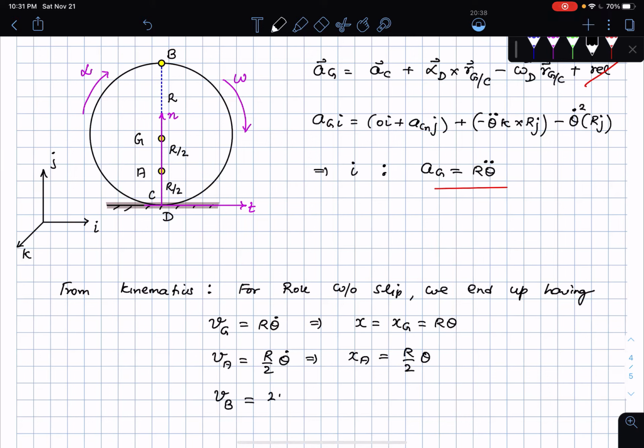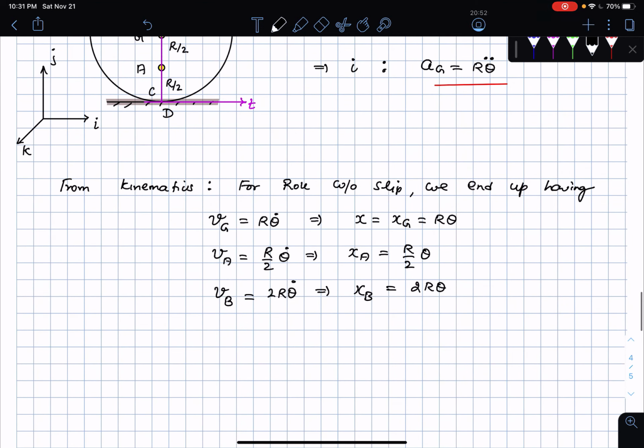Vb is 2r theta dot, which means that xb, if there was a spring attached, in this case there's a damper attached, it's going to feel the relative velocity, so vb is what I'm interested in. But in case there was something of that kind there, this would be our 2r theta. Okay, and then I'm going to have ag is r times theta double dot. Okay, so this is the summary so far.